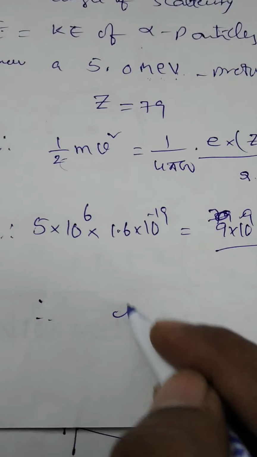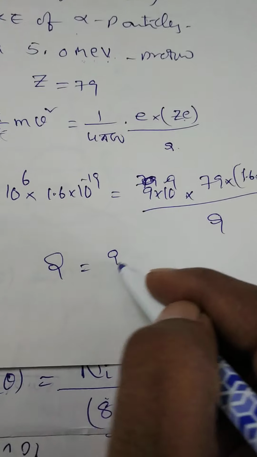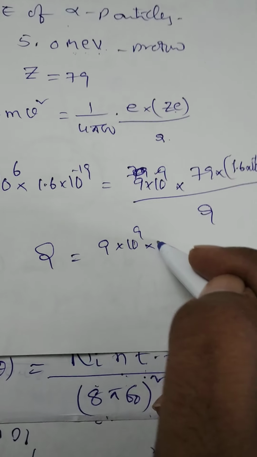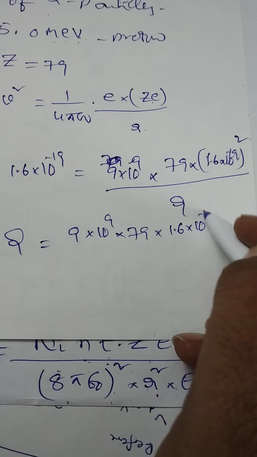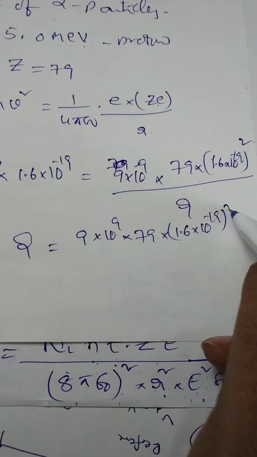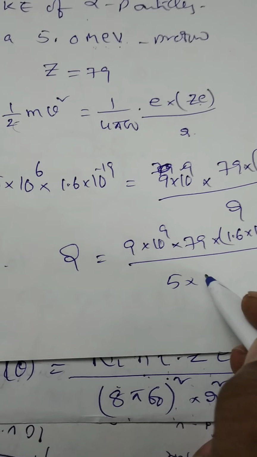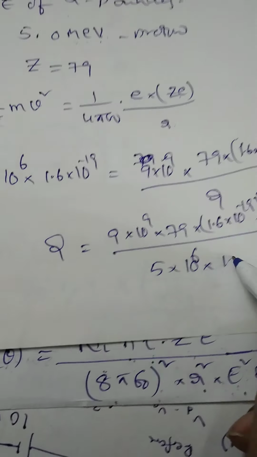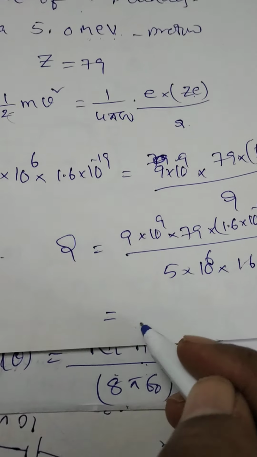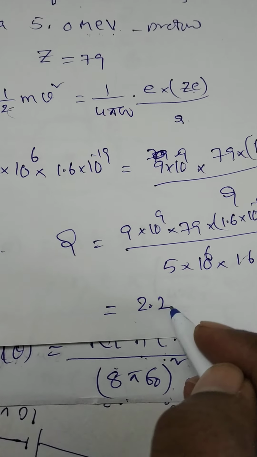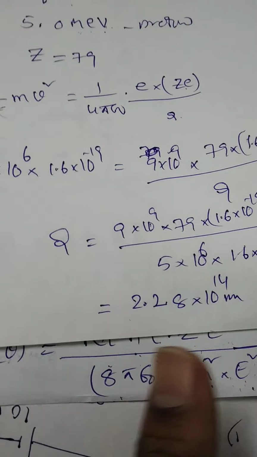Therefore from this relation, small r is equal to 9 into 10 to the power 9 into 79 into 1.6 into 10 power minus 19 whole square by 5 into 10 power 6 into 1.6 into 10 power minus 19. On solving it, it is nearly 2.28 into 10 power minus 14 meters.